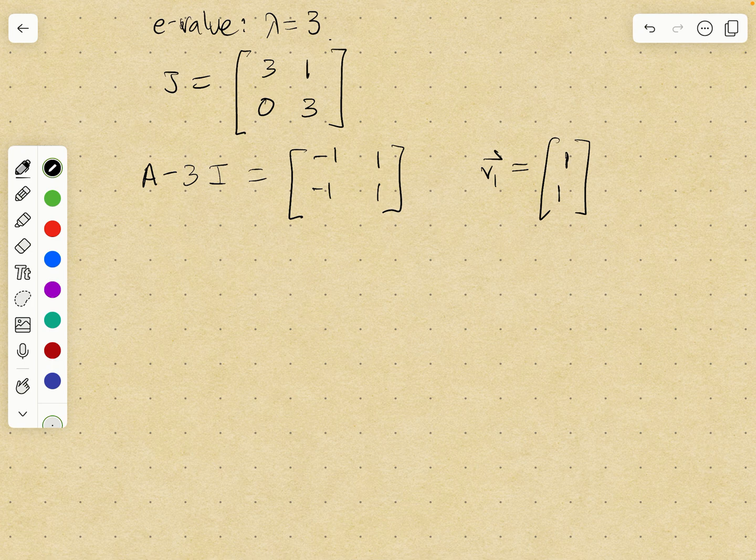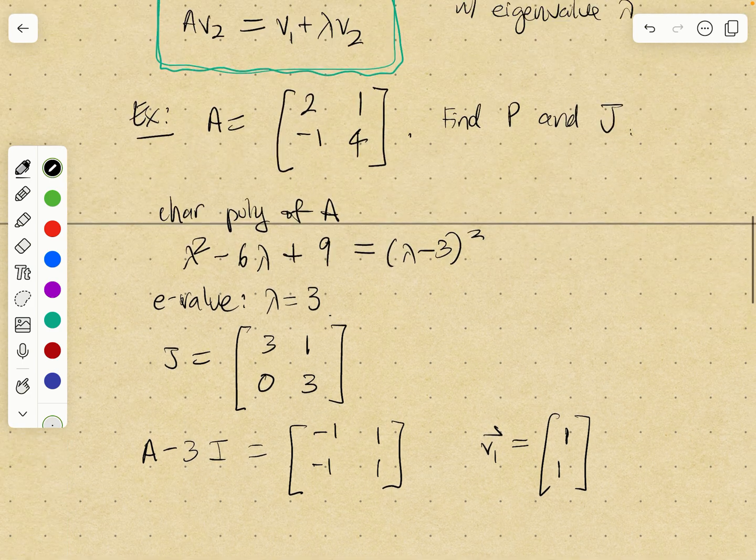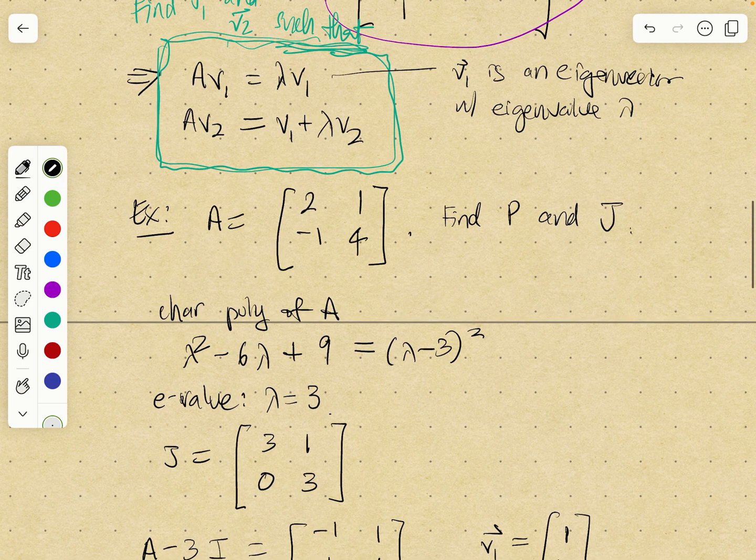Now we need to find V2. Well, for V2, we need to go back to the second equation. A V2 is V1 plus lambda V2. Actually, this equation can be rewritten to make it a little simpler as A minus lambda I times V2 equals V1. Those two are equivalent, just written a different way.